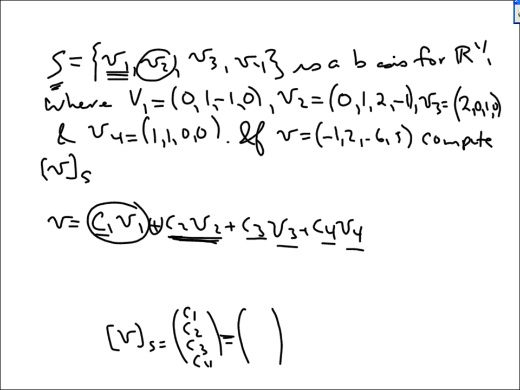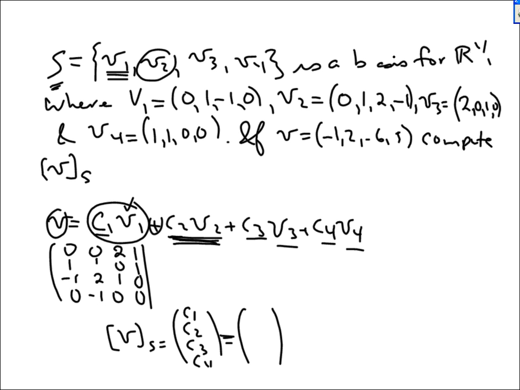Now, to do this, you write vector 1 as a column. Here is vector 1 as the first column, vector 2 as the second column, vector 3 in the third column, and vector 4 goes in the last column, and you augment this with V: -1, 2, -6, 5.